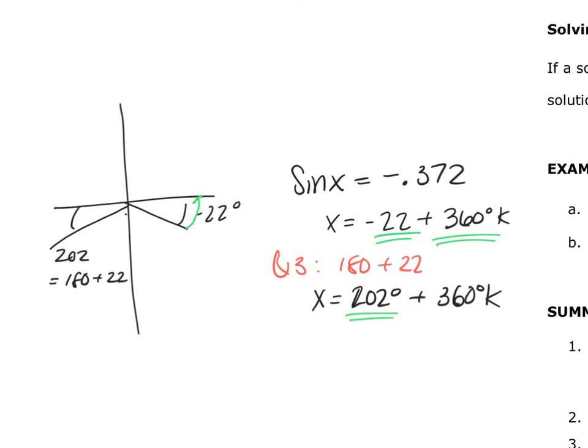It's going to be at 202, and it's going to be at negative 22. So we have to find both of them. If we're on the unit circle, it's pretty straightforward. We just look for those values. But if we're not on the unit circle, something like this, it is testing a lot of concepts in one small, simple question. It looks simple, it's small, but it's testing 4 different concepts in there. So it's not a bad question to ask.